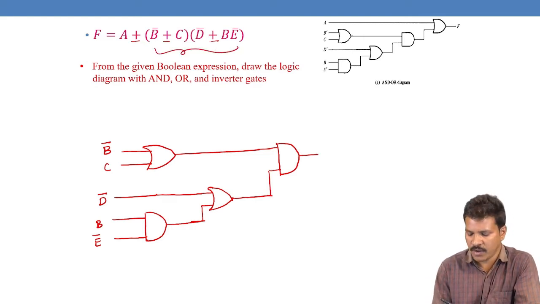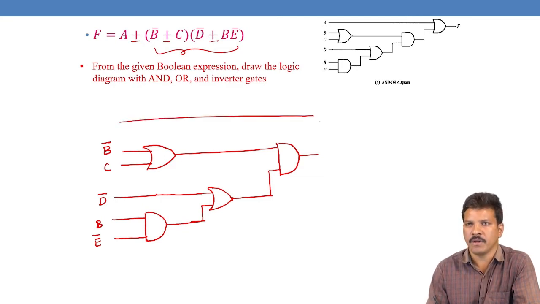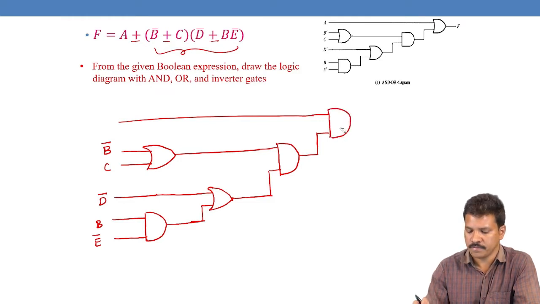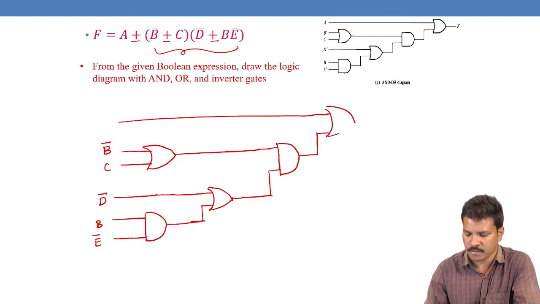So take the direct A variable, and then we can OR with this consecutive output.